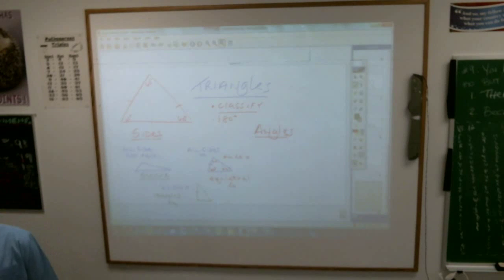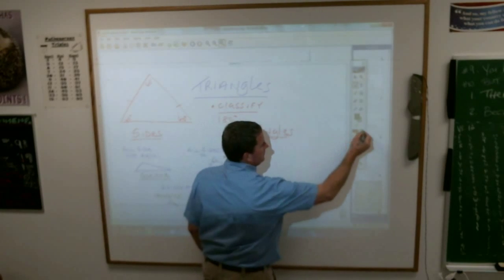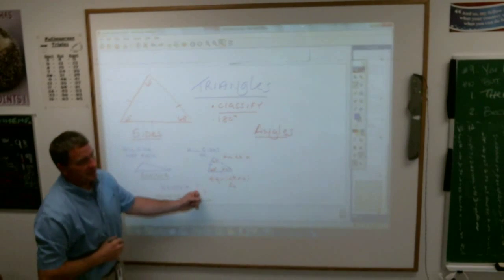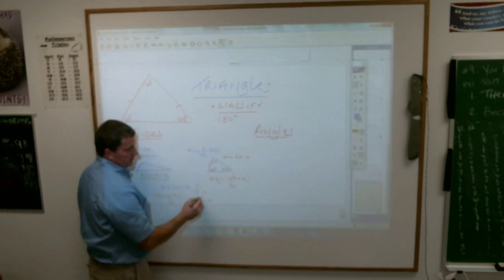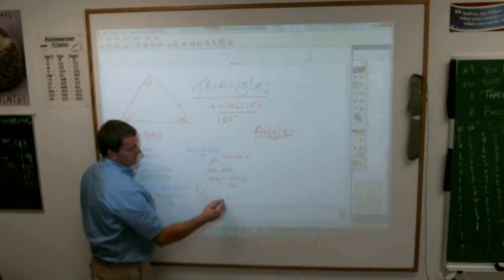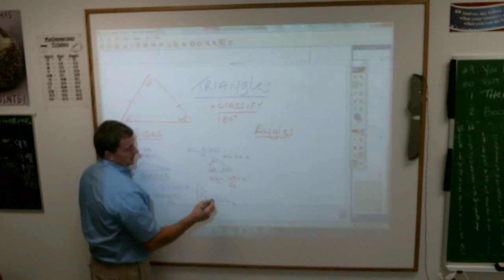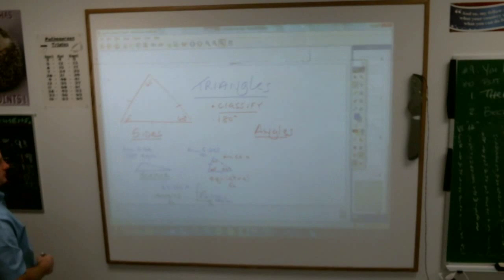And a little side note to that as well is that not only are two sides equal in an isosceles triangle, but the angles opposite those two sides are equal. Angles opposite are equal. And you're going to say, so what, Logan?